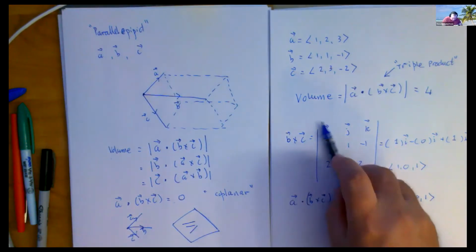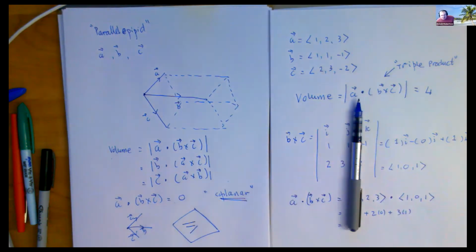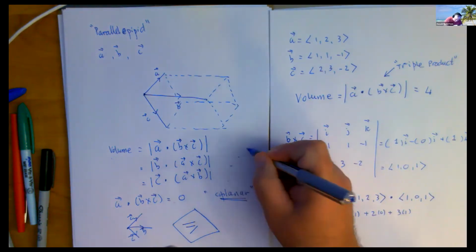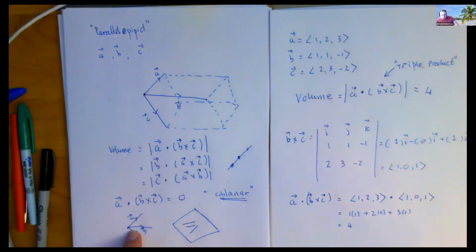And we say coplanar, not collinear, that would be for 3 points on the same straight line. Coplanar means 3 vectors in the same 2-dimensional plane, so they all lie in a single plane. That's a kind of interesting property. Are we cool?